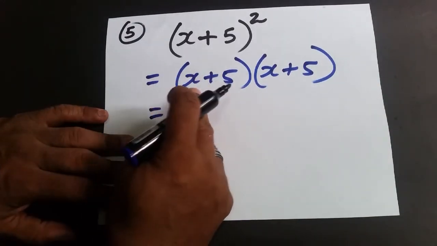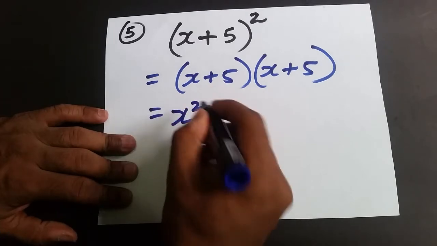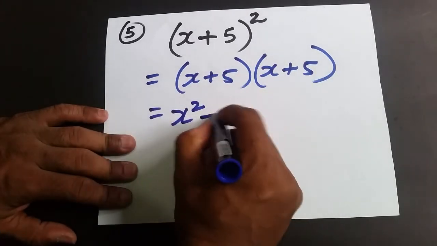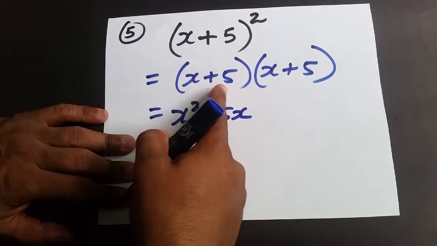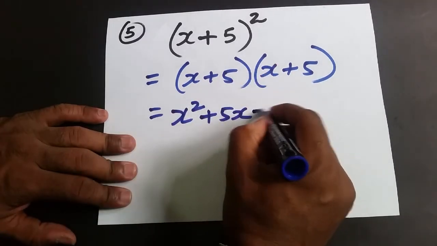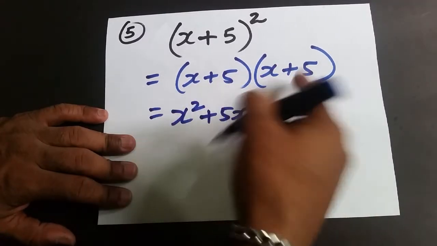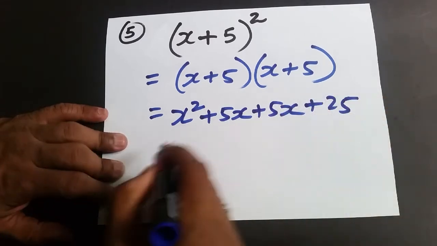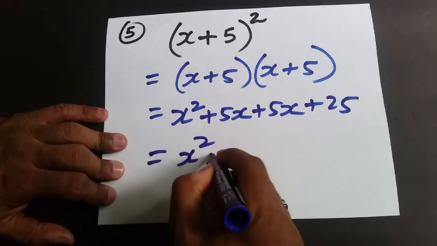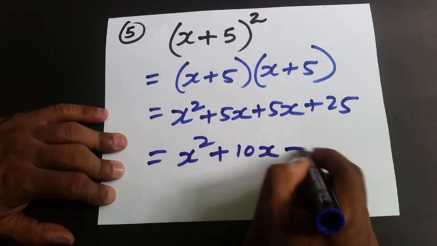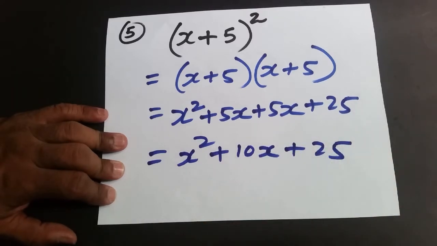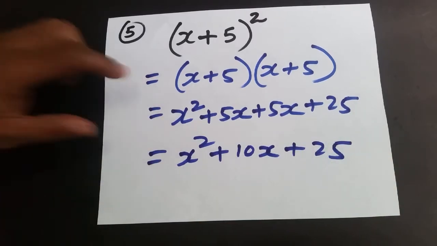So positive x times positive x, that's positive x squared. Positive x times 5, that's positive 5x. Positive 5 times x is positive 5x, and 5 times 5 is 25, for a final answer of x squared plus 10x plus 25. That should have been the answer to question 5.